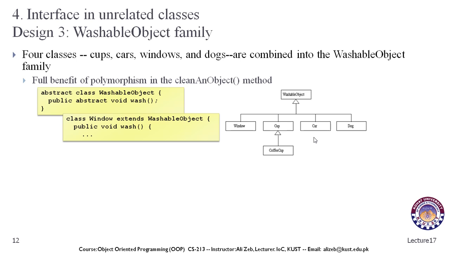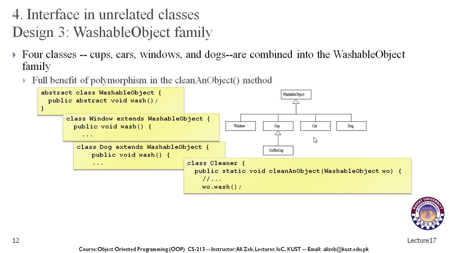So now the class window extends washable object, the class dog extends washable object, and we can call the wash method on any object of the washable object class.